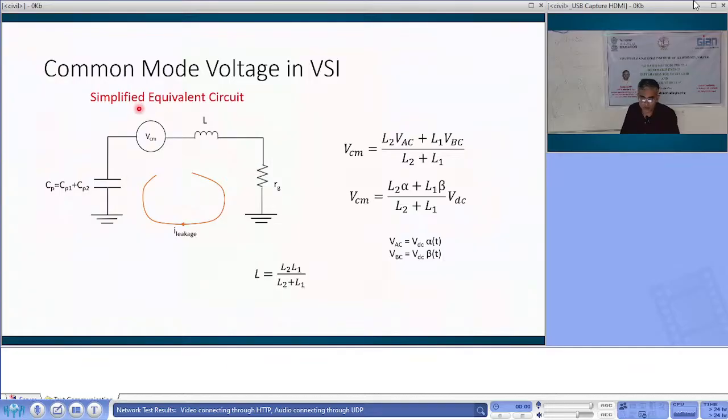If VCM is constant, current will not be formed because the capacitor will hold its charge. Unless VCM is changing, the leakage current will not form, because the current in the capacitance is C dVc by dt. If the voltage across the capacitance is constant, there is no current. So our job is to keep the common mode voltage either 0 or constant.